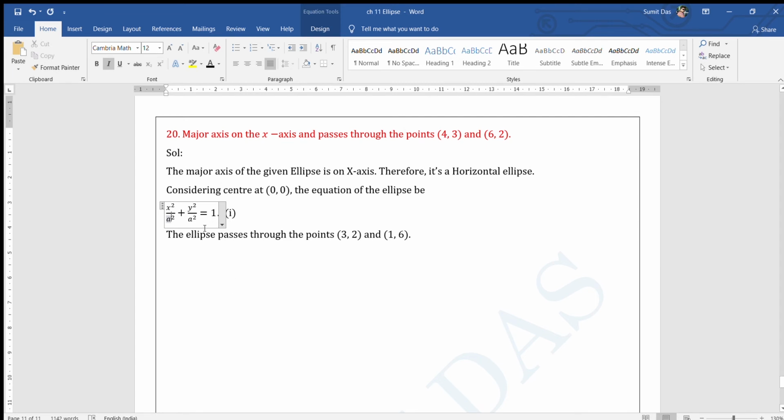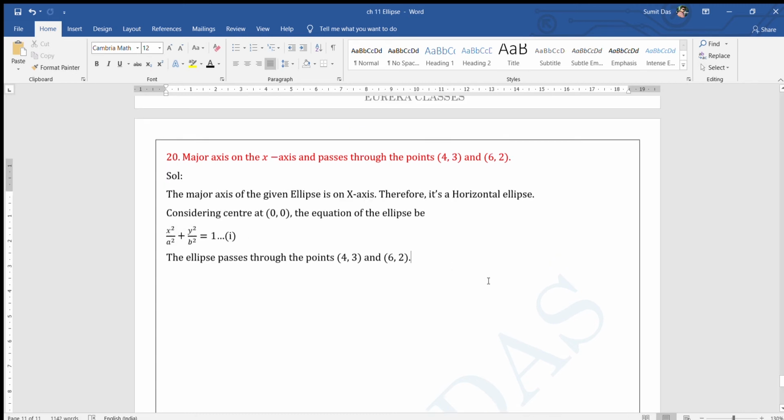Only when it is at the center can you write this. Is it clear? So considering center at 0 comma 0, or center at origin, you can write the equation of the ellipse like this. The ellipse passes through 4 comma 3 and 6 comma 2.